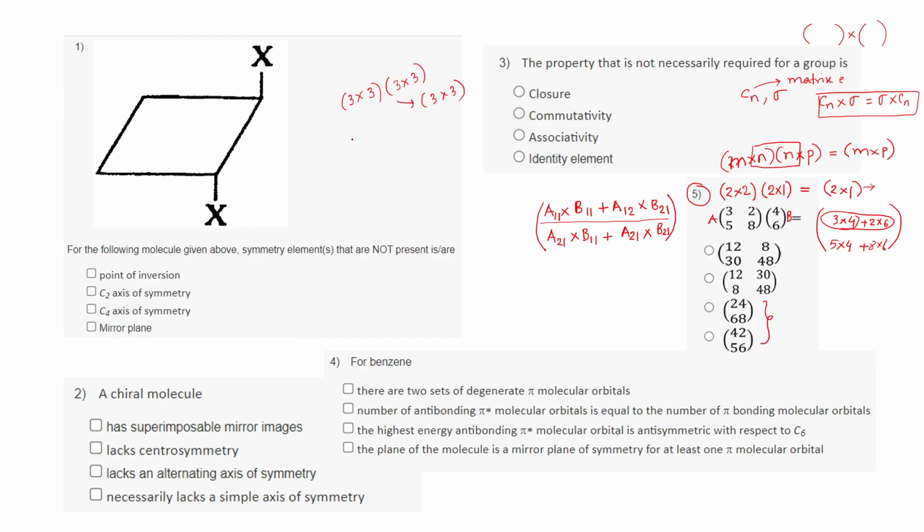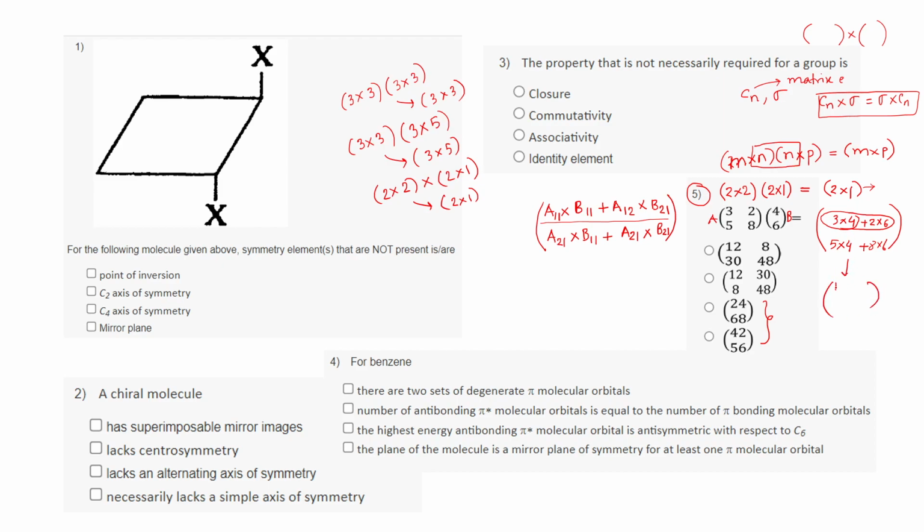But suppose I am multiplying 3 into 3 with a 3 into 5; then you will get 3 into 5 as your product. Here also we are multiplying 2 into 2 with 2 into 1, so we are getting a 2 into 1 matrix. I hope that part is clear.